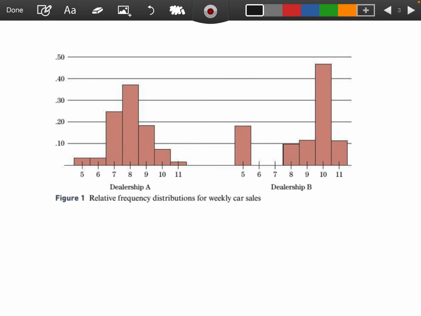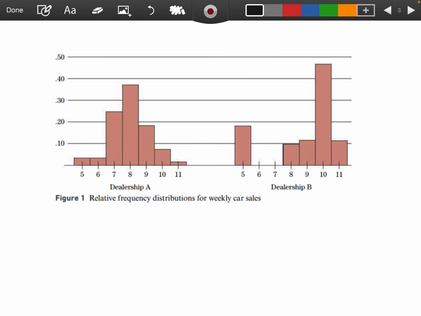So for dealership A, we said that for 5 weekly sales, there was a 4% chance. So you go up to 0.04, because 4% of the time they had 5 weekly sales. And for dealership B, 0.19 was the relative frequency of 5 weekly sales.